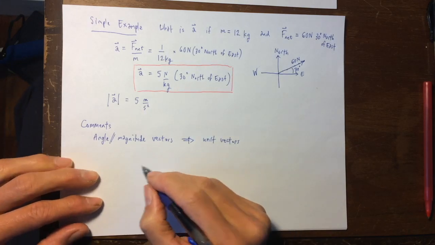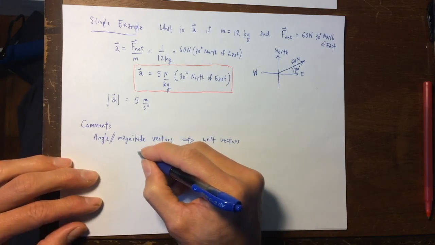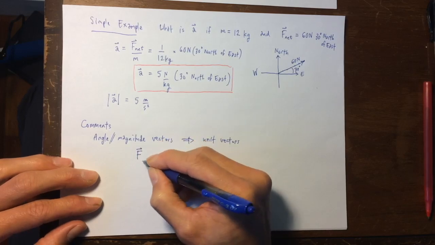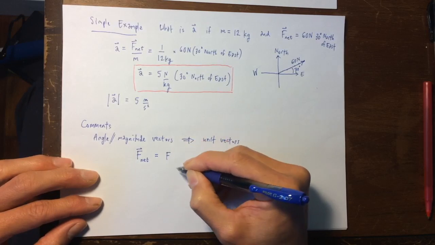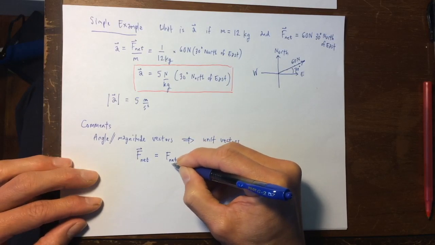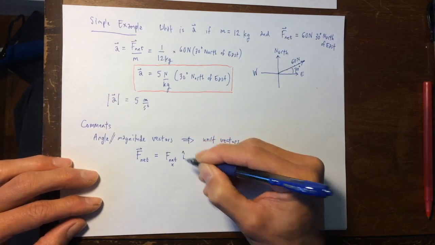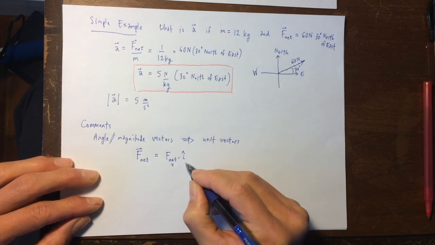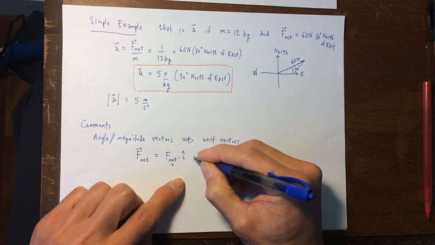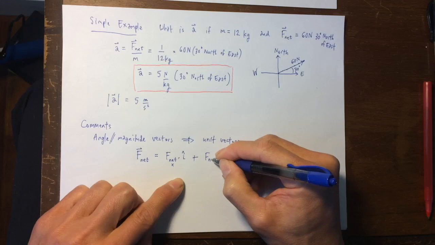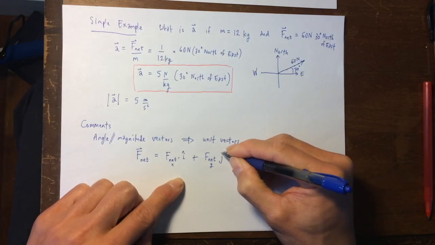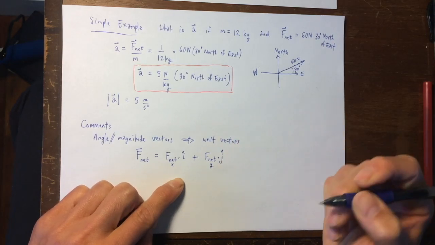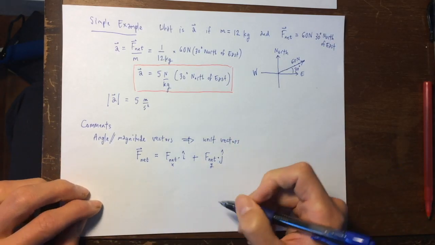Very quickly, it's interesting to point out that if you re-understand your net force as components, this is the net force in the x direction multiplying the unit vector in the x direction called i hat, plus the component of the net force vector in the y direction multiplying the y direction unit vector, j hat, like this.